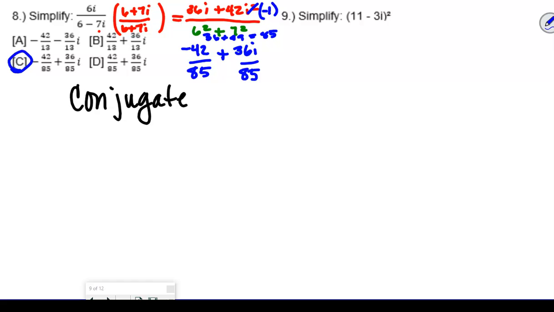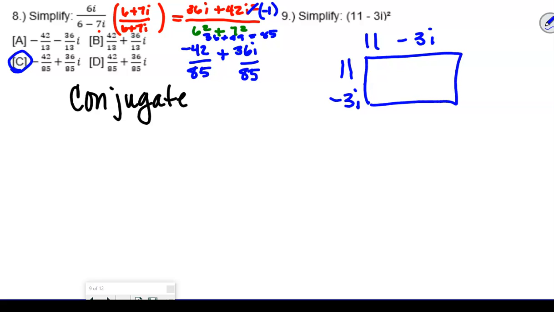So this next one says simplify. And with a problem like this, guys, I would just use the box. X minus 3i times 11 minus 3i. I don't know why I said X, but I'm just going to use the box here to see. 11 times 11 is 121. 11 times negative 3 is negative 33i. This is also going to be negative 33i. And then a negative times a negative is a positive, so that's 9. And then i times i is i squared.